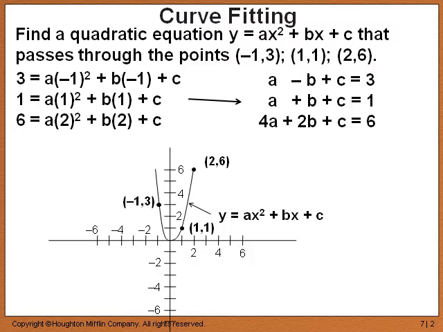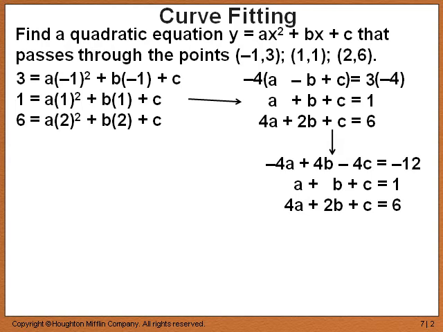Okay, walking through the steps of solving this multivariable linear system using Gaussian elimination. We start by multiplying row 1 by -4. Then we get this system, which is -4a plus 4b minus 4c equals -12, a plus b plus c equals 1, 4a plus 2b plus c equals 6.